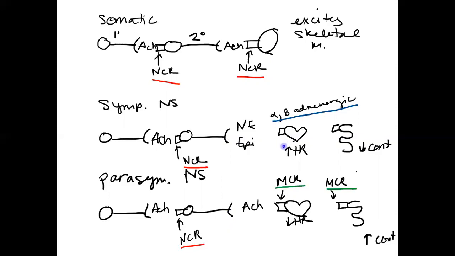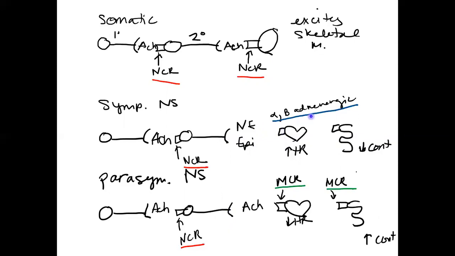If we're talking about the sympathetic nervous system, it's going to release norepinephrine as the neurotransmitter, and epinephrine is the hormone analog. These are going to bind to adrenergic receptors.